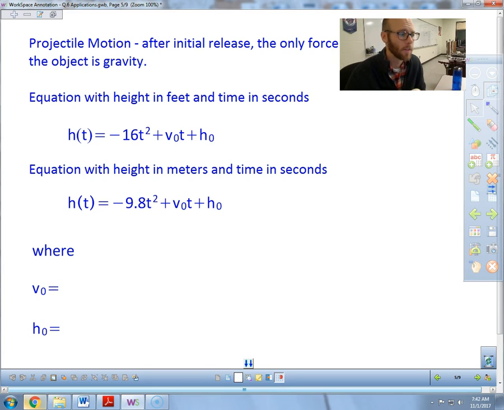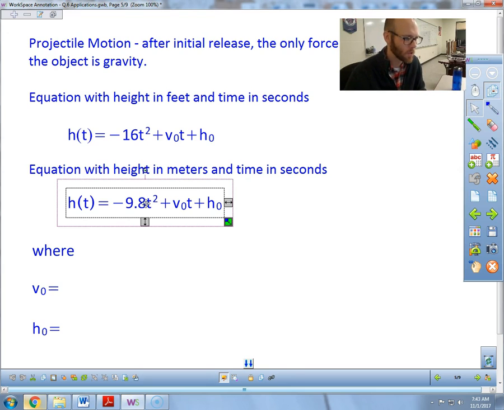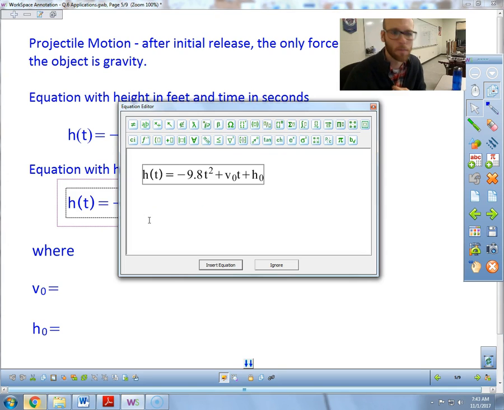You may recall that the acceleration due to gravity is 32 feet per second squared, and the acceleration due to gravity in terms of meters is negative, hold on a second. Now I just recalled that I did not type this in. The acceleration due to gravity in meters is negative 9.8 meters per second squared, which is why this equation actually shouldn't have a negative 9.8 in it.